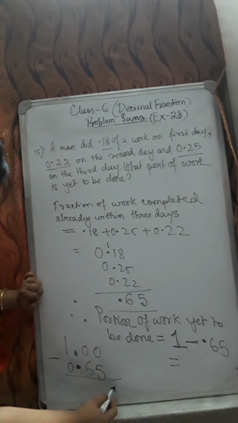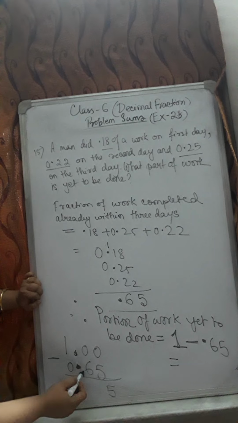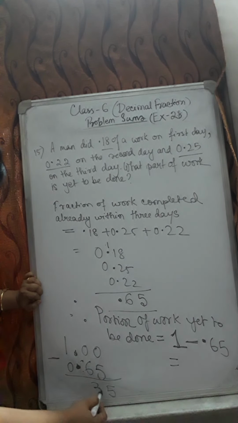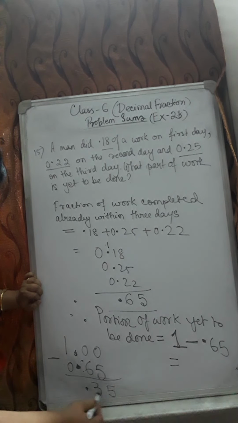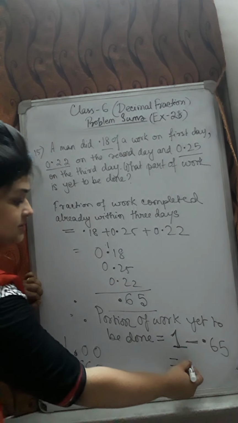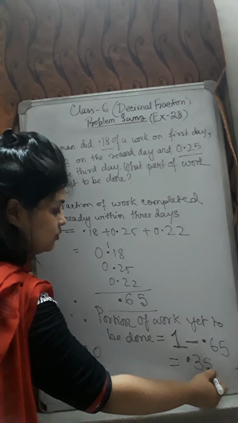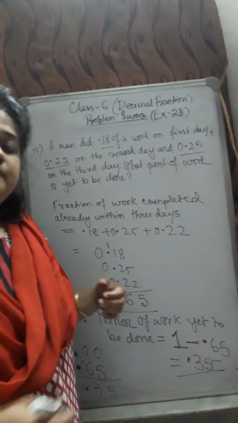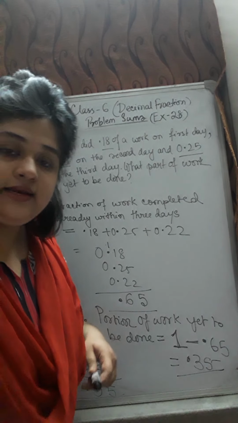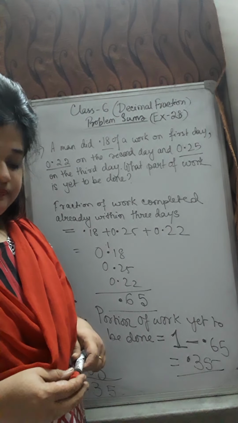So 10 minus 5 is 5, give back to 6, 1, it becomes 7, 10 minus 7 is 3, give back 1, so it becomes 0.35. So the answer is 0.35 of the work is yet to be done. He has to complete it and he is still left with that.